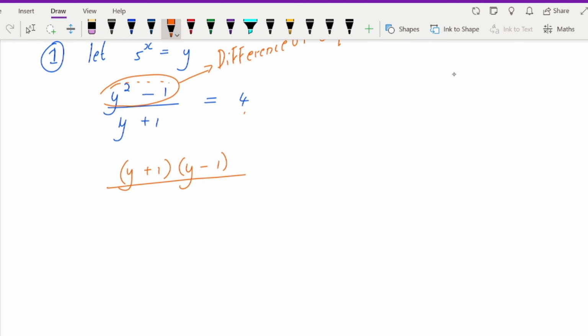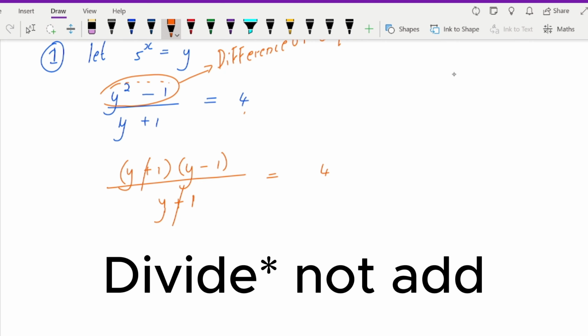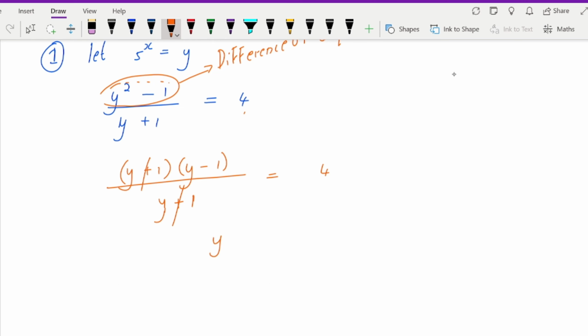Okay, so to continue this, we get y plus 1 in the denominator, which is all of this is equal to 4. To simplify this, these two cancel out, so we're left with y minus 1 equals 4. So y is equal to 5. Remember that y is equal to 5 to the power x.